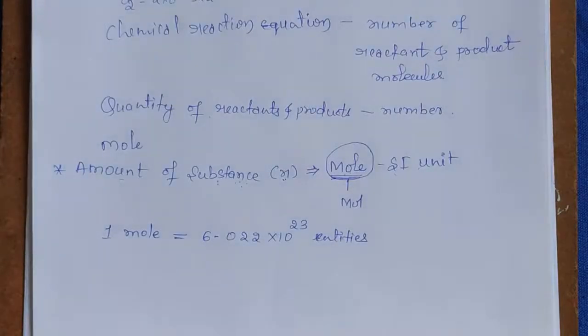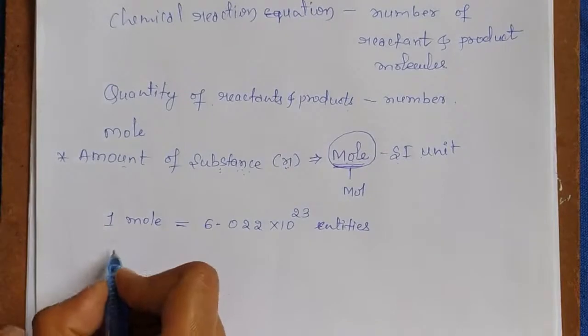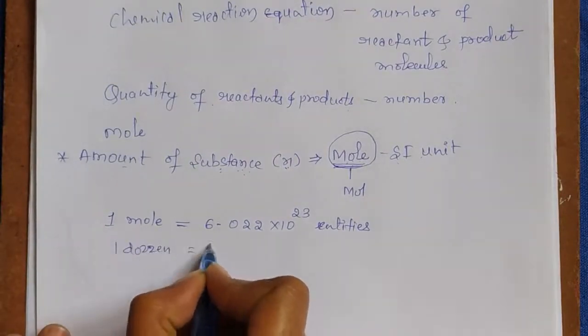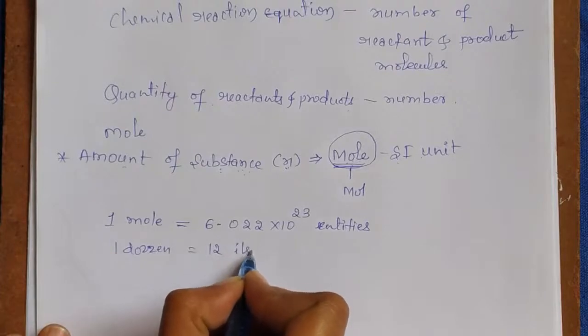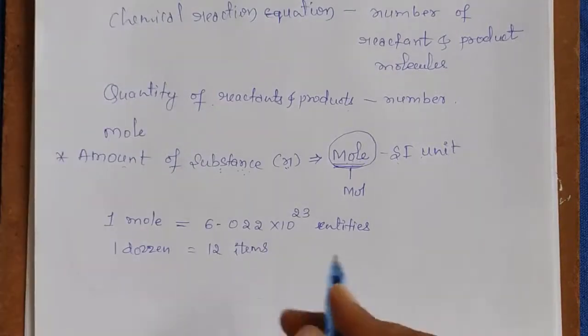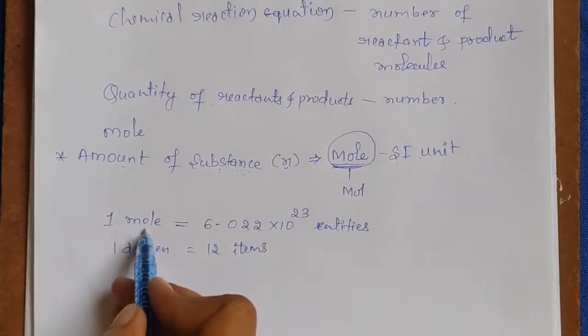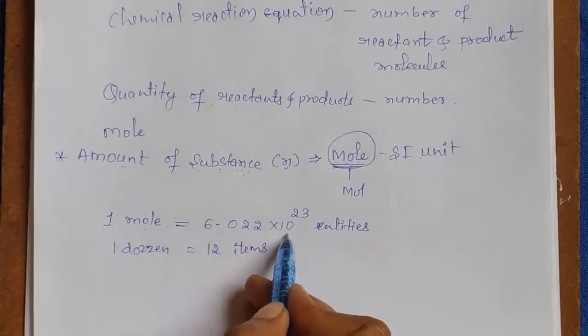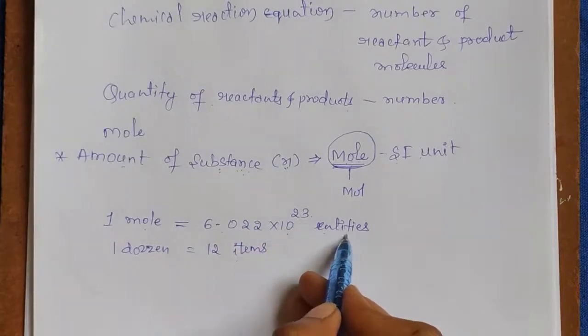Children, we know that 1 dozen means 12 items. Similarly, 1 mole means 6.022 into 10 raised to 23 entities.